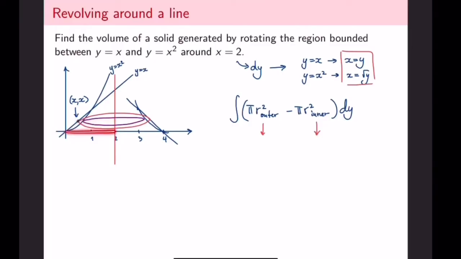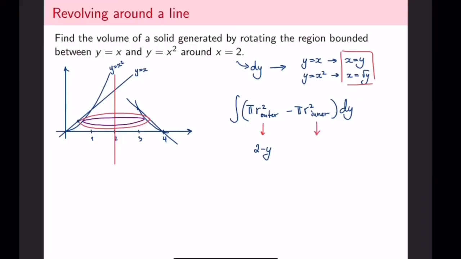So this is 2. This is x, because that's the x coordinate of this point. And I want this value. So I have to subtract the smallest from the biggest. So this guy is going to be 2 minus y. Oops, sorry. So I actually should have labeled this in terms of y, of course. Right, y and y. Similarly, I'm going to go through the same analysis for the smaller disk.